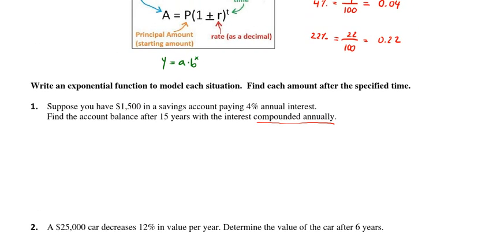This part, do we have to use a plus or the minus? Well, when we have money in the savings account and it's paying interest to us, then that money is getting bigger. It's increasing over time. So we have to use, in this case, a plus because it's a growth situation. The money that we originally put in the bank account is going to grow. So it is going to be a growth situation.